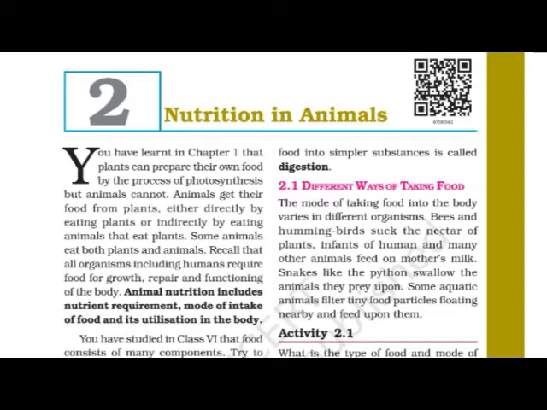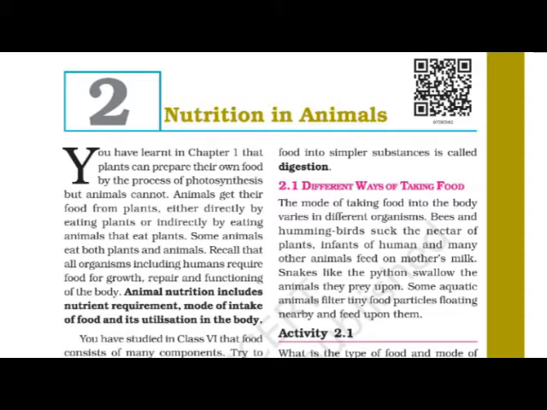We know that whatever animals we are talking about, these animals depend on plants for the food purpose, and some animals depend on plants indirectly by eating the animals who eat the plants.